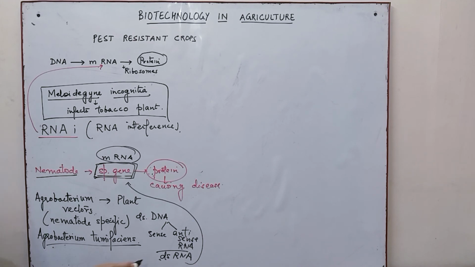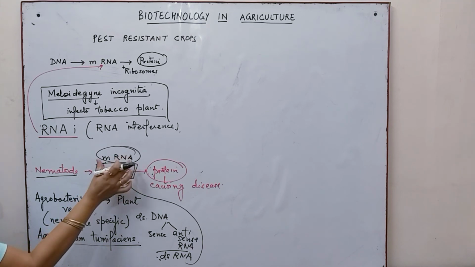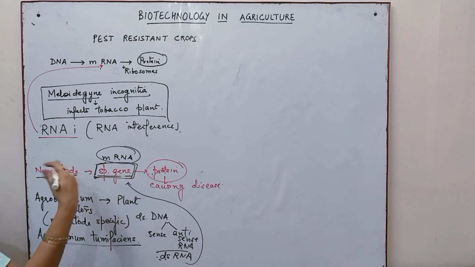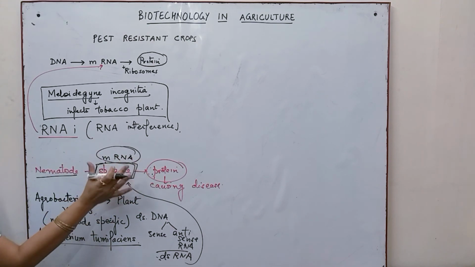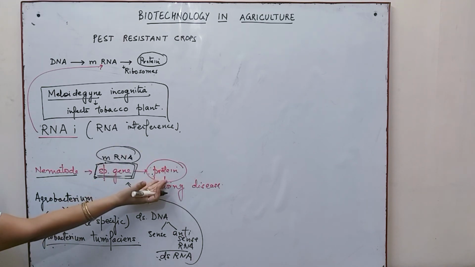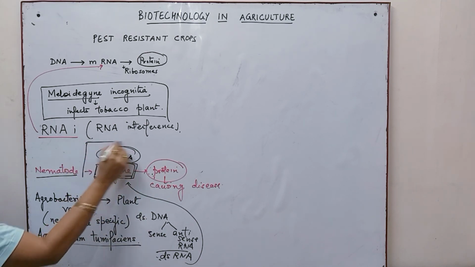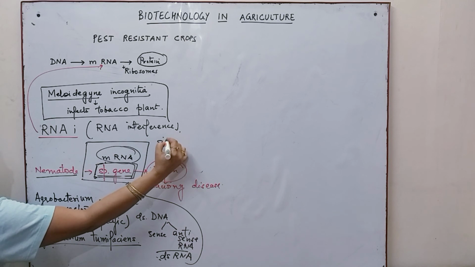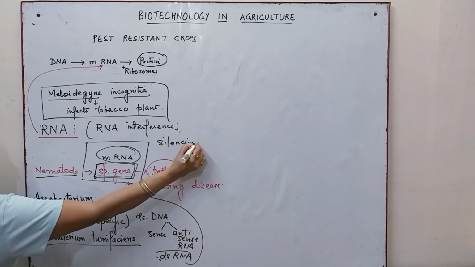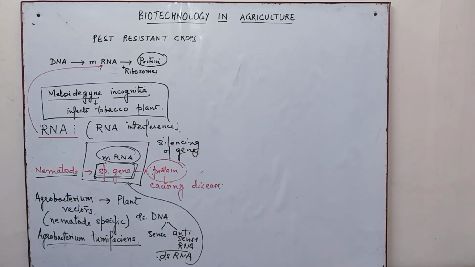So this dsRNA is complementary to the mRNA, and since it will be binding to it, it will obviously affect the coding, and that code which is responsible for producing the disease causing protein will be affected, and therefore it is silencing the mRNA. So when it binds over here, this causes silencing of the gene, and as a result the protein is not synthesized.